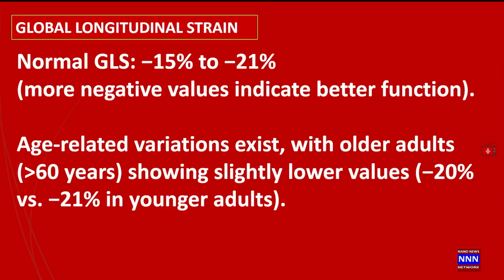The normal values of global longitudinal strain is between minus 15 and 21. If you get minus 21, that means it shrinks by about 20%. That's a normal finding. If it shrinks by 15%, that's the lower limit of the normal, and anything below 15 is considered as reduced systolic function.